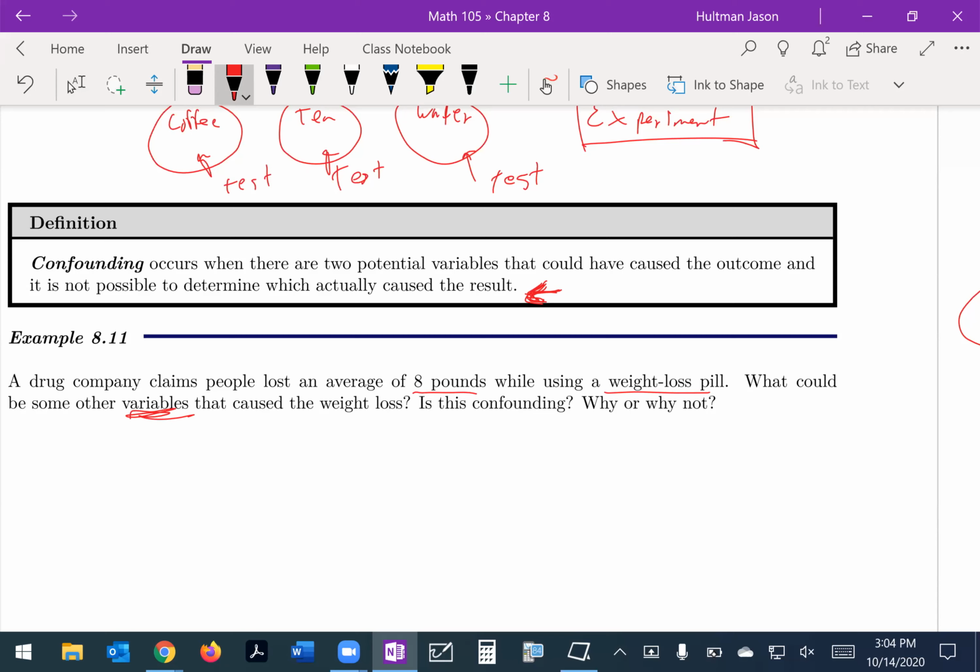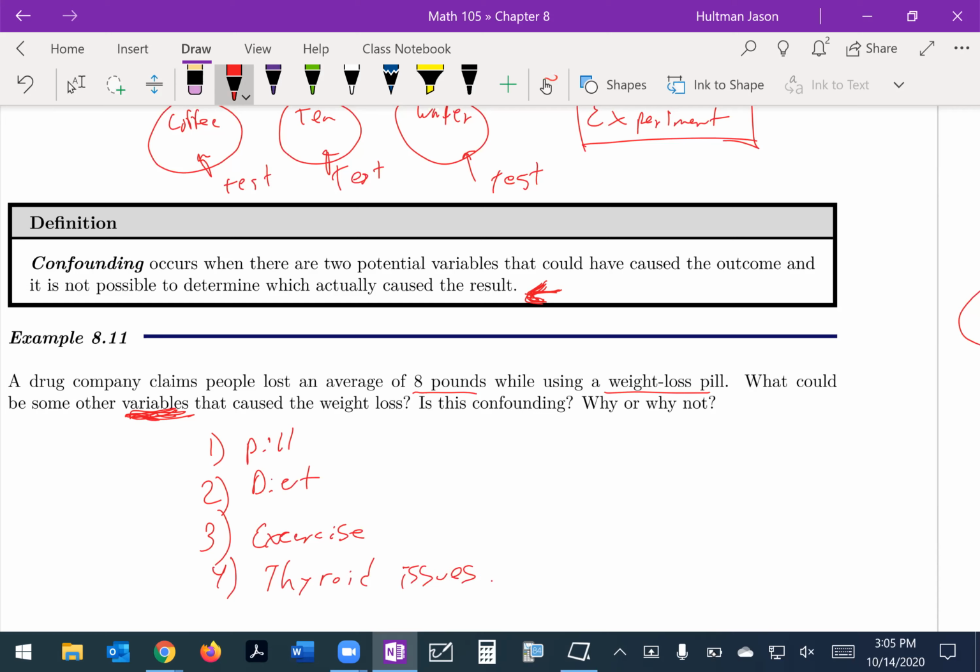Well, what's one cause of the weight loss? One cause of the weight loss is the pill. Another cause of weight loss could be diet. Working out, exercise. And another cause could be thyroid issues. Who knows?